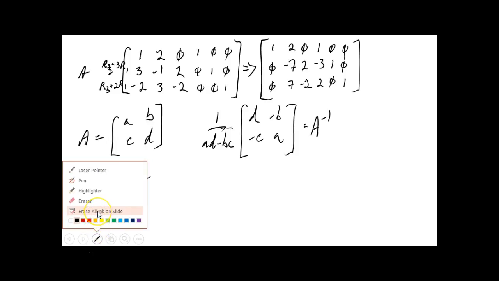Here's a matrix A: 3, -1, -2, 2. First question to you, is that invertible? How do you determine?